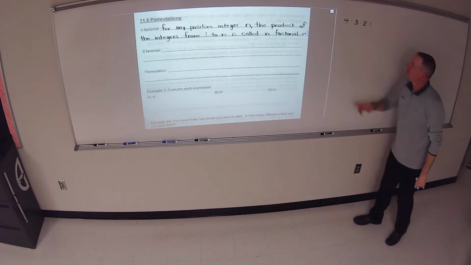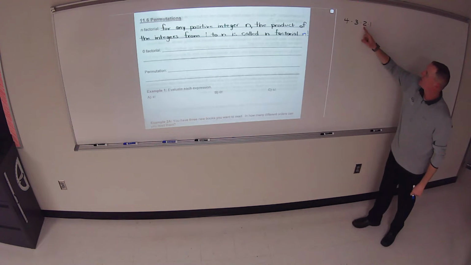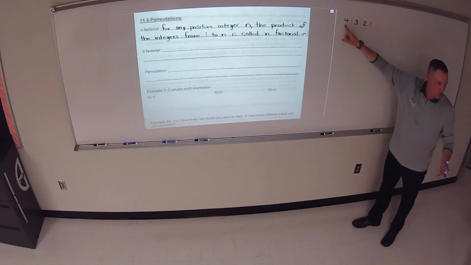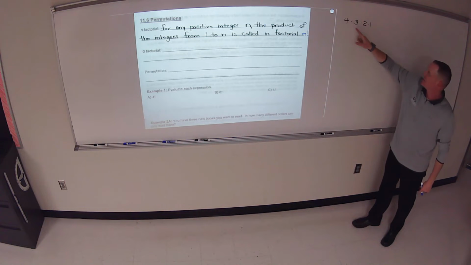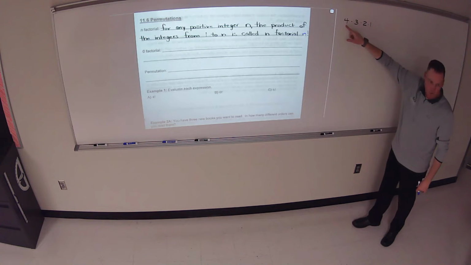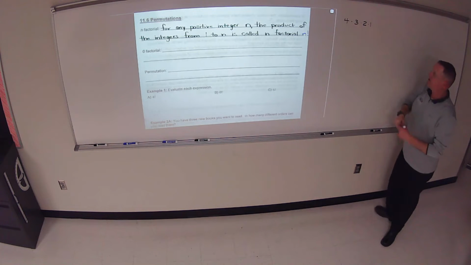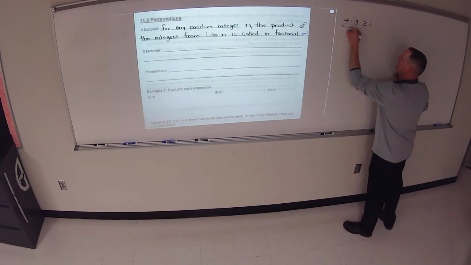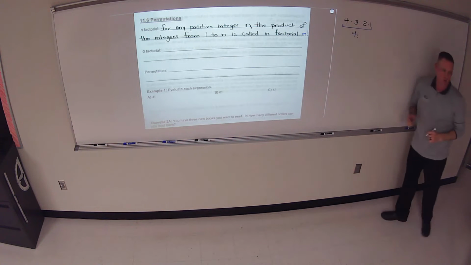So, taking 1 times 2 times 3 times 4, just flipping the order of this, this is the product of all the integers from 1 to 4. So this right here is the same as 4 factorial.